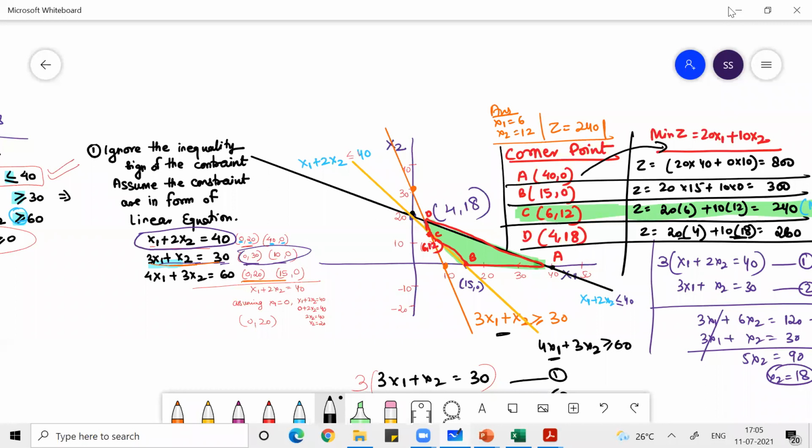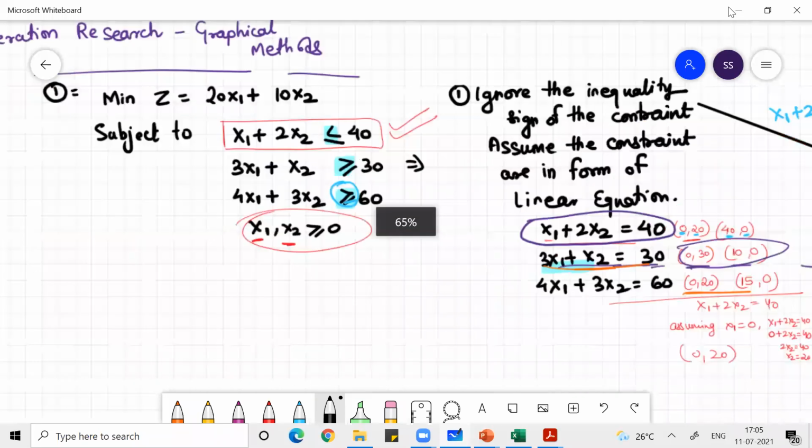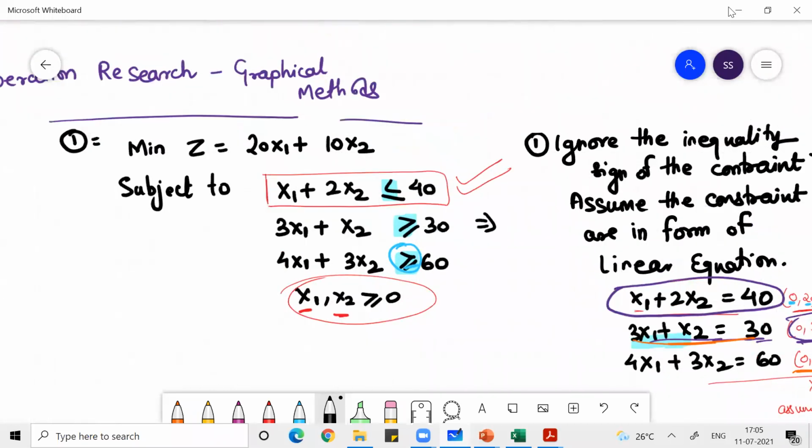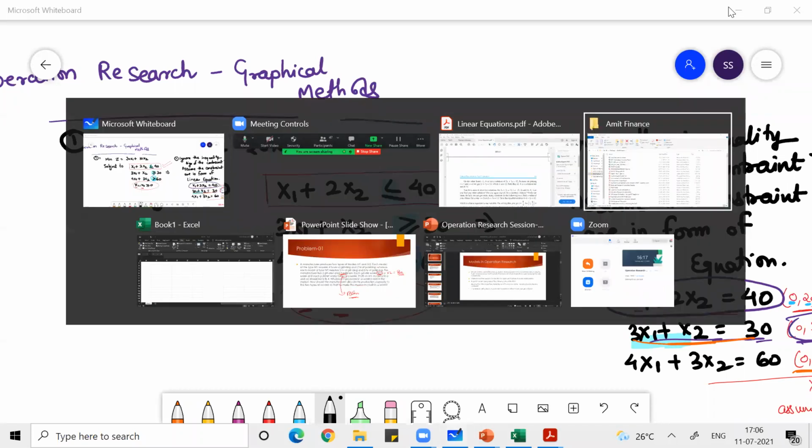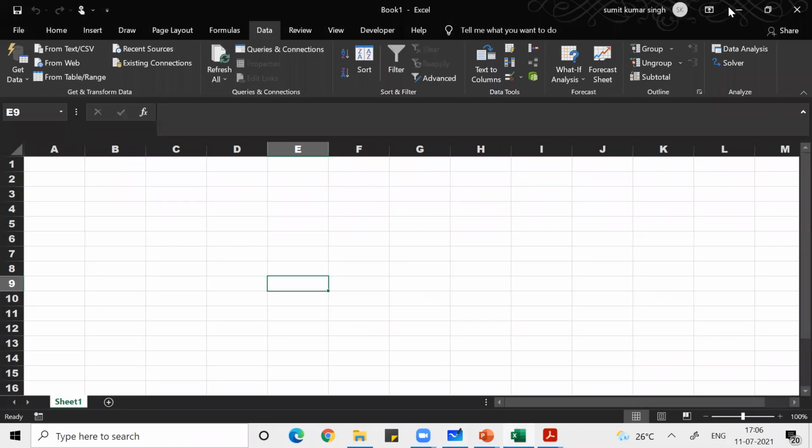I can do the same problem using MS Excel. Are you people all sitting with laptops which have Excel? No, sir. Okay. Otherwise, I would show you the same thing in Excel. I hope you want to learn MS Excel, because MS Excel is the most important thing to survive in the corporate world.